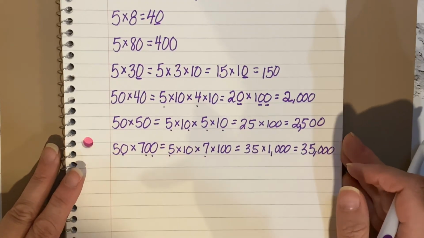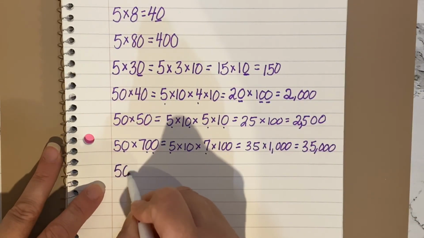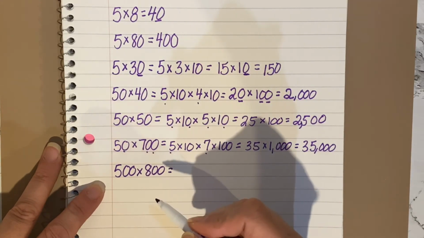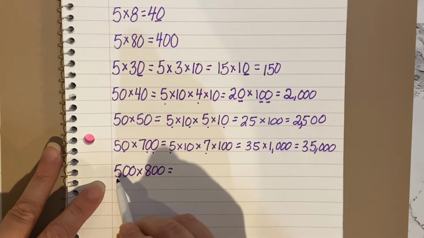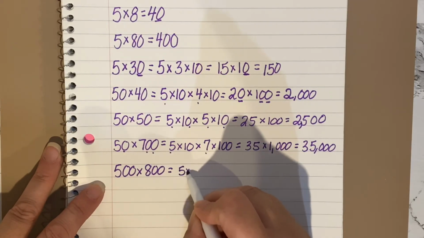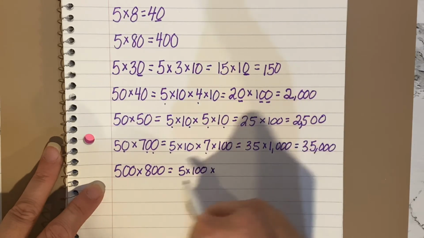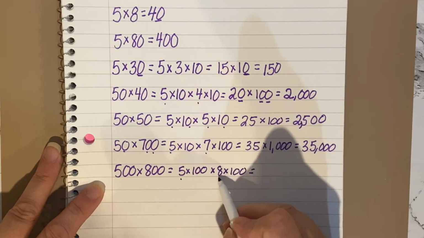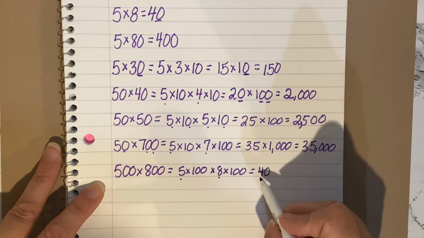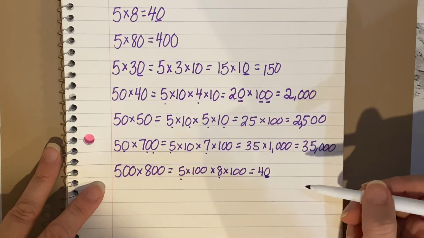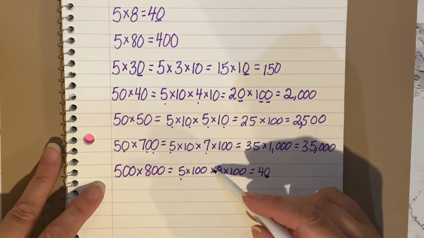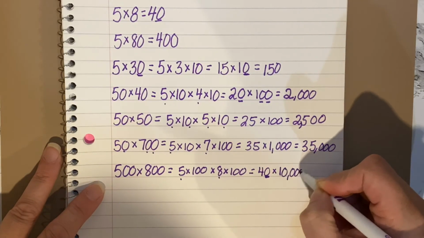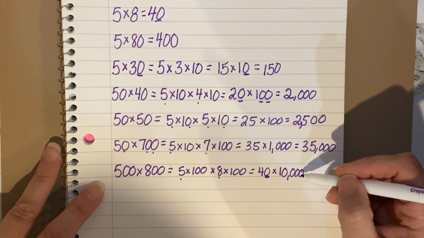And last one. 500 times 800. Let's expand it out. 500 would be 5 times 100 times 8 times 100. 5 times 8 is 40. There's going to be an additional 0 in our answer. 100 times 100 is 10,000. 4 zeros.